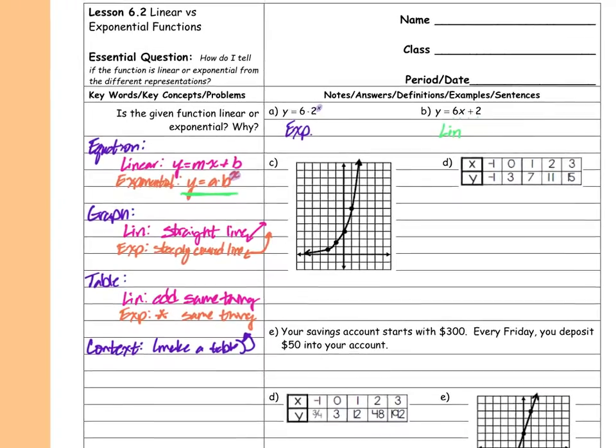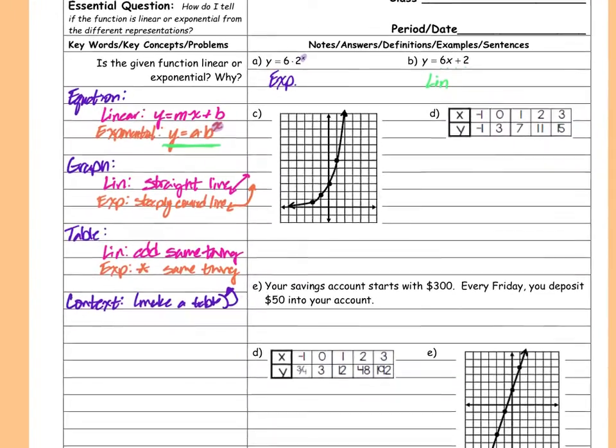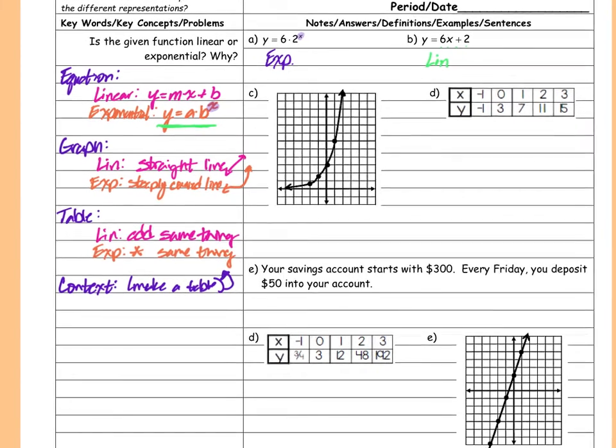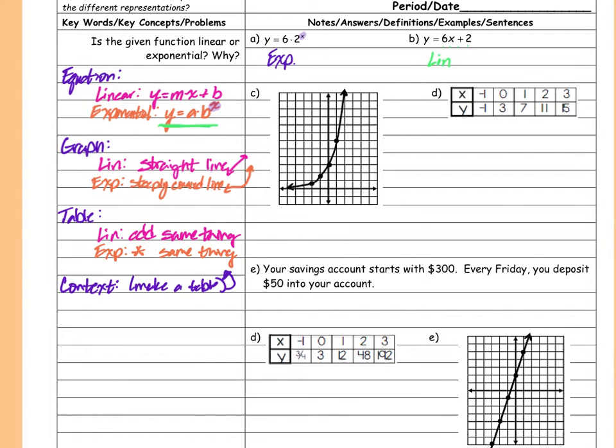Okay, so let's look at C. And here's our information on our graph. I'm going to kind of try and keep what I wrote on the side on here too. So if it's a graph, is it a straight line or a curved line? So is C linear or exponential? Oh, good. Nice, Esta. Yes, Jonathan. Good.